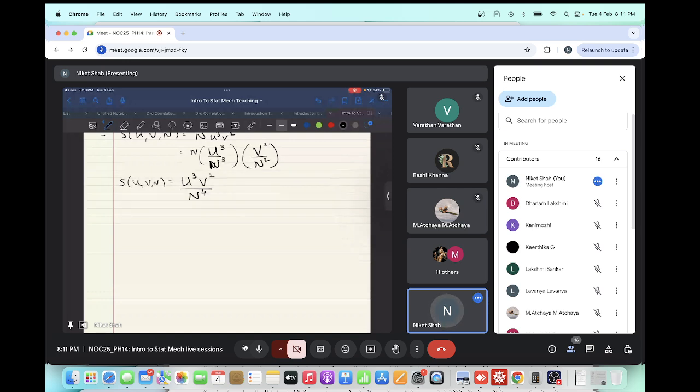Firstly, T is equal to del U by del S, which is 1 by T is equal to del S by del U. Therefore, I'll differentiate with respect to u. That gives me u square v square by N raised to power 4 is 1 by T.